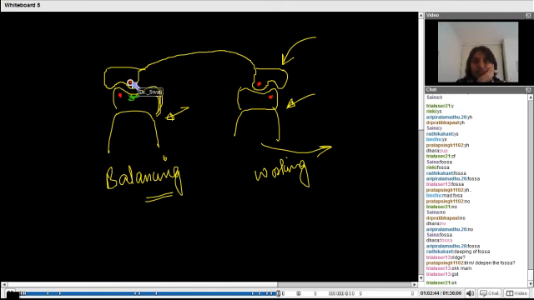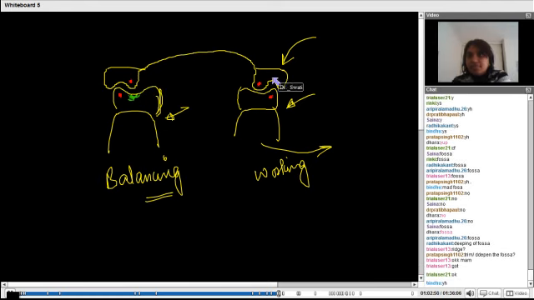This is the maxillary lingual cusp. When we talk about the working side, this will go to your right and contact the mandibular buccal cusp on the working side.